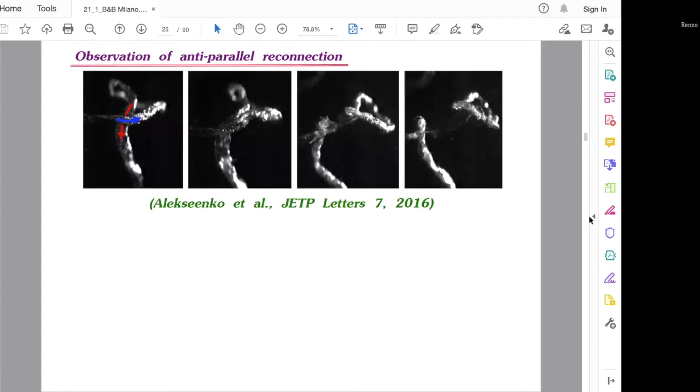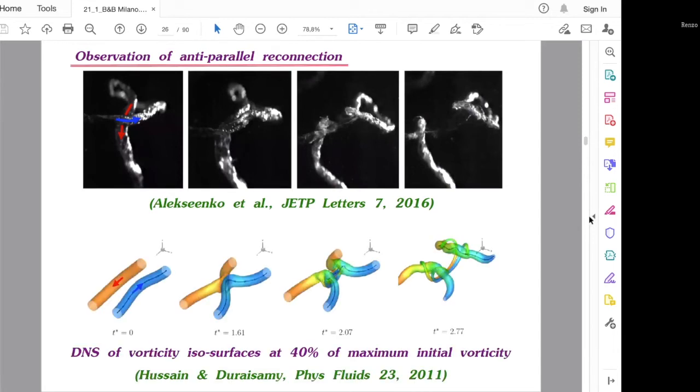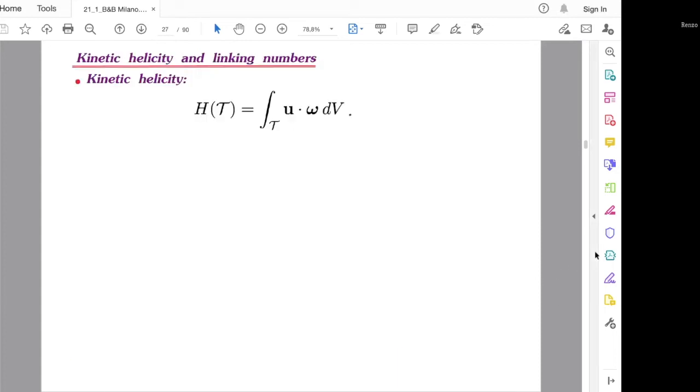Okay, well, observations of antiparallel reconnection abound in many cases, as you saw in real vortex reconnection, in simulations, as is shown here. And in this simulation from 2011, it is already very visible, this thread of surviving weak vorticity left out after the process.